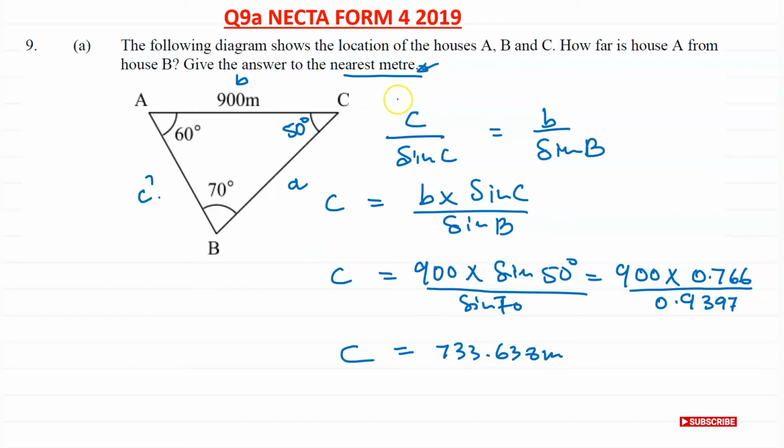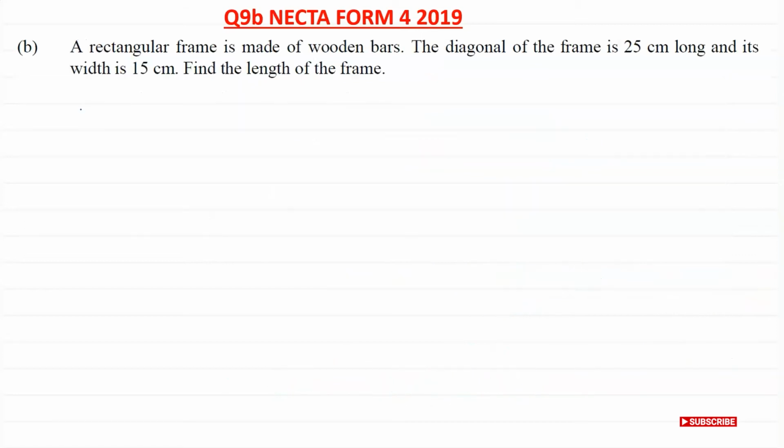But what are we told to do? Give the answer to the nearest meter. So this is roughly 734 meters. Therefore, house A is 734 meters from B.